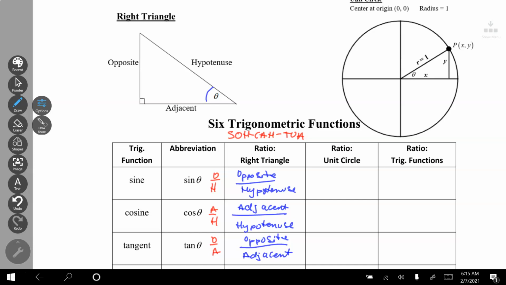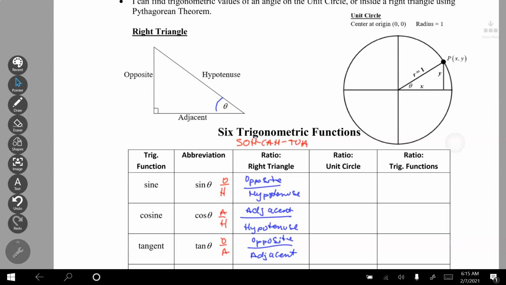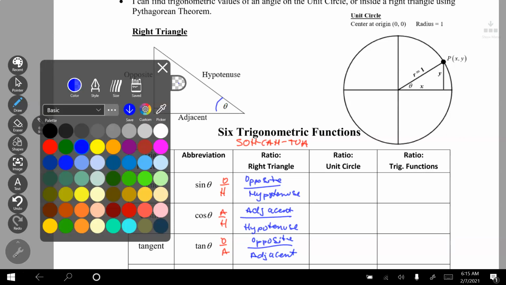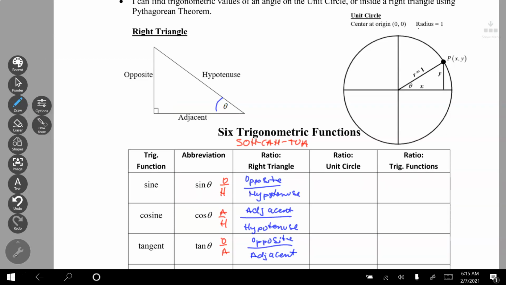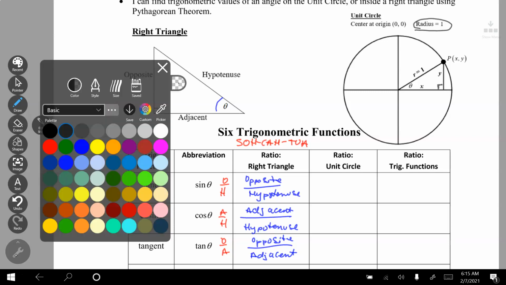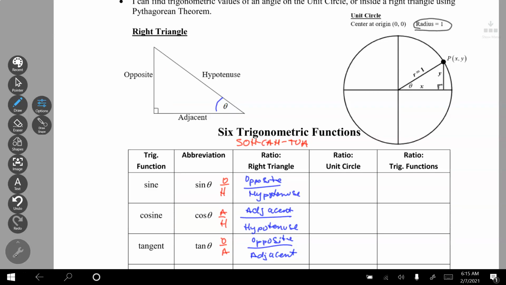Well, so how do I apply this to the unit circle? I apply it by looking at the unit circle, which has a radius of 1. And if you look carefully, there is a right triangle right here, which means this is the opposite side, this is the adjacent side, and this is the hypotenuse.